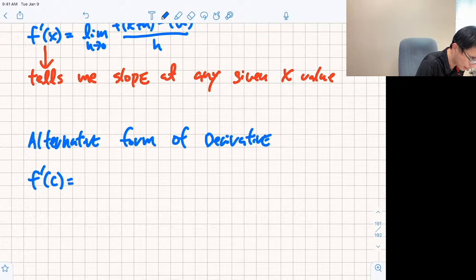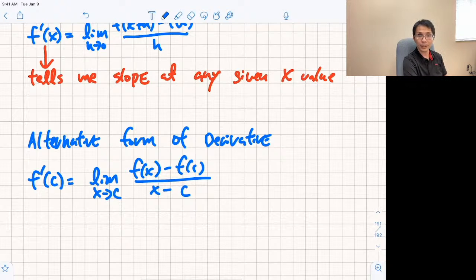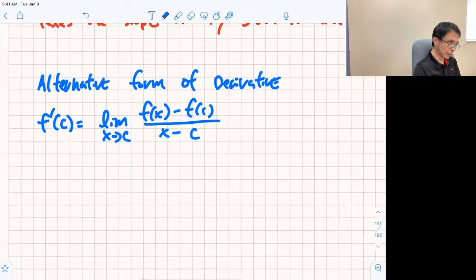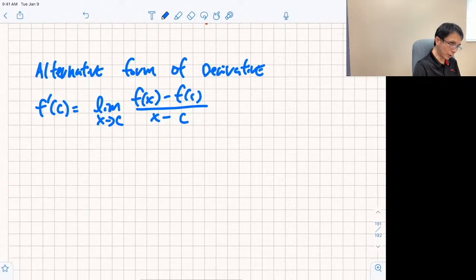C is some type of constant, and it's the limit as x approaches c of f of x minus f of c over x minus c. It's very similar to the previous case, except we only want to find one particular c value.